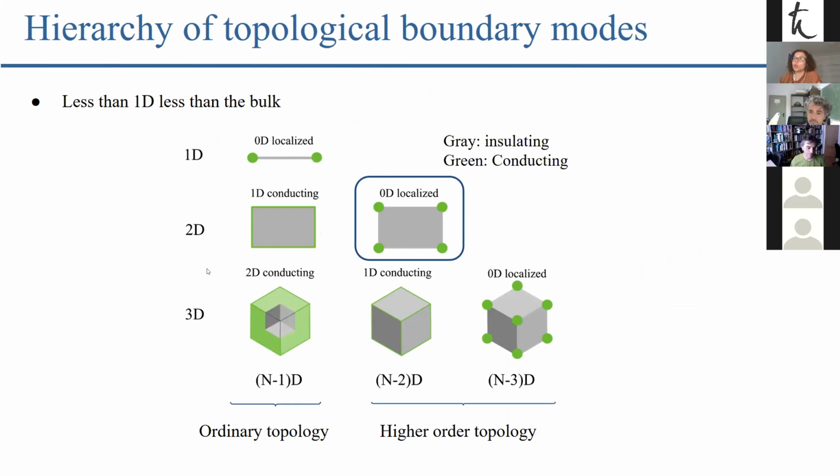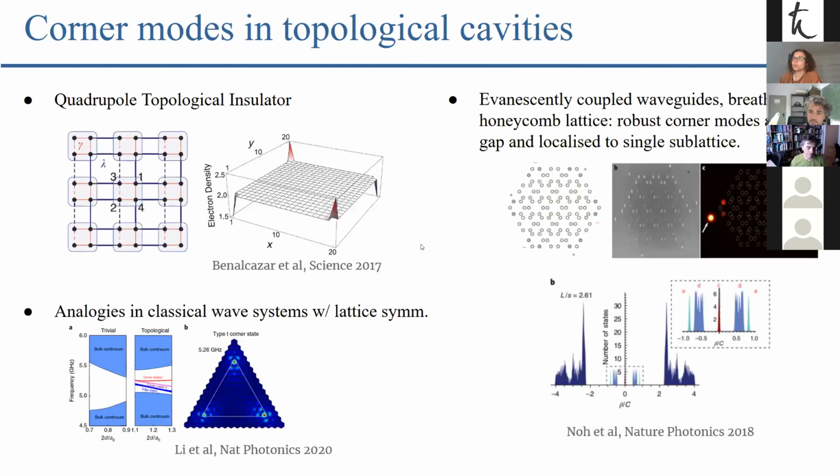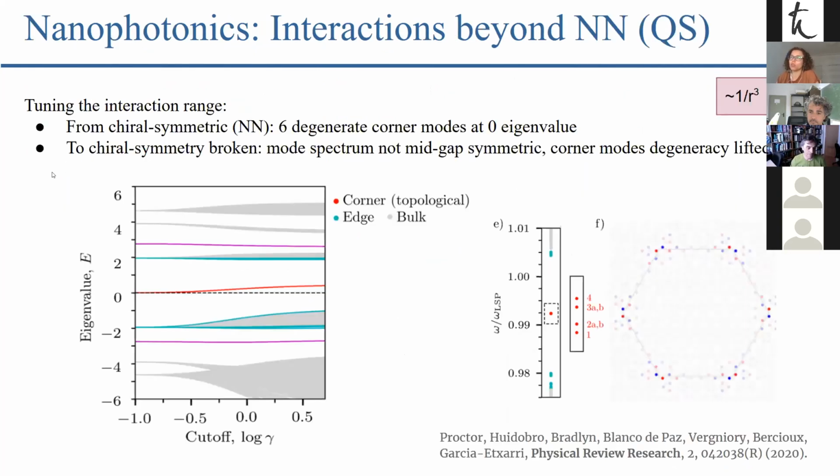And next, we moved on to study corner modes. Our interest here was mainly to see the effect of long-range interactions. So we implemented a model where we again have dipolar resonators in the breathing honeycomb lattice. Inside this hexagon, they are in one phase.